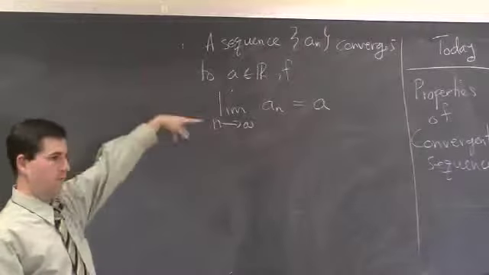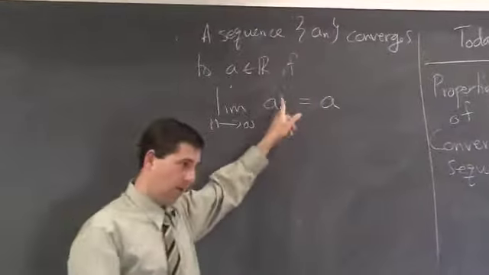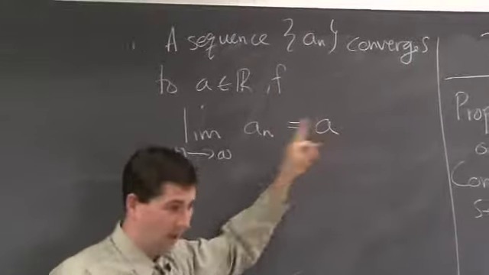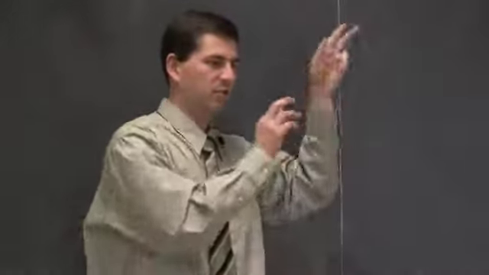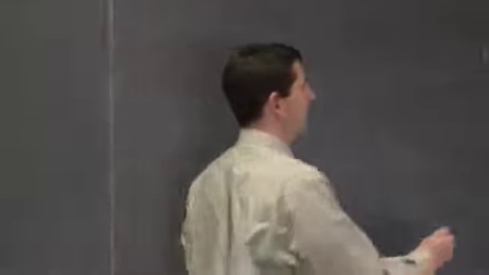Informally, the sequence gets arbitrarily close and stays arbitrarily close to A. And then we wrote down a formal definition, with a little Greek letter epsilon.